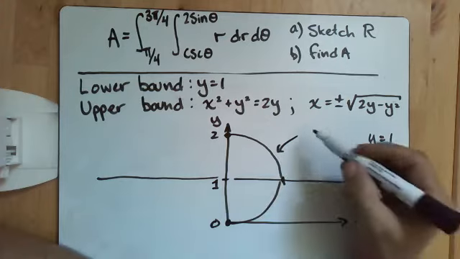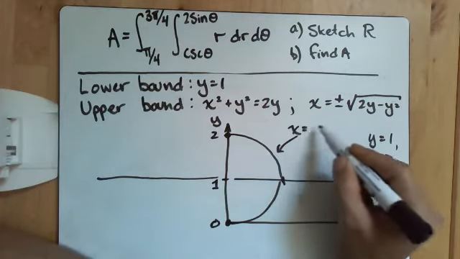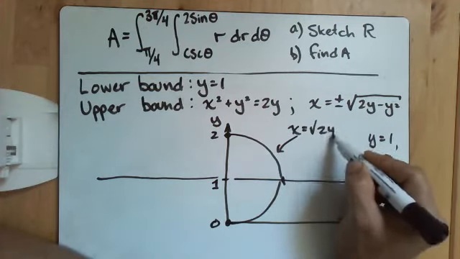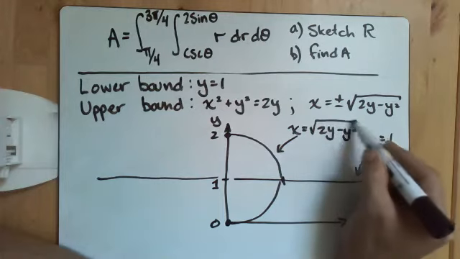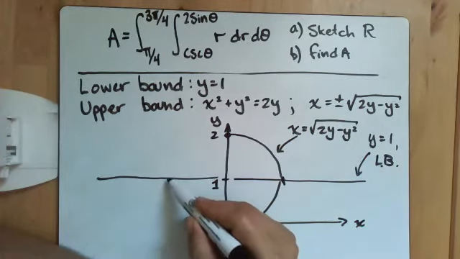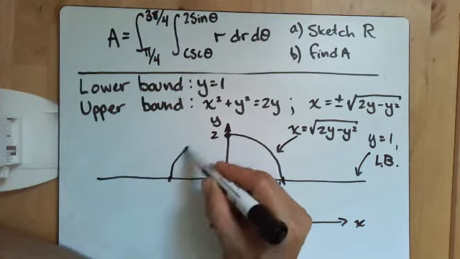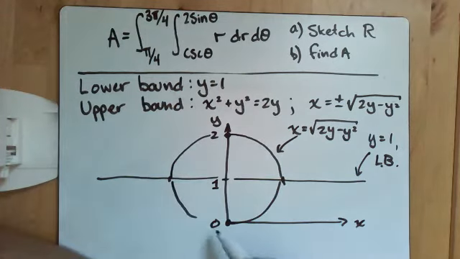This right hand side is x equal to positive square root of 2y minus y squared. And then this left hand side, so this is going to be x equal to 1, and then over here is x equal to negative 1.